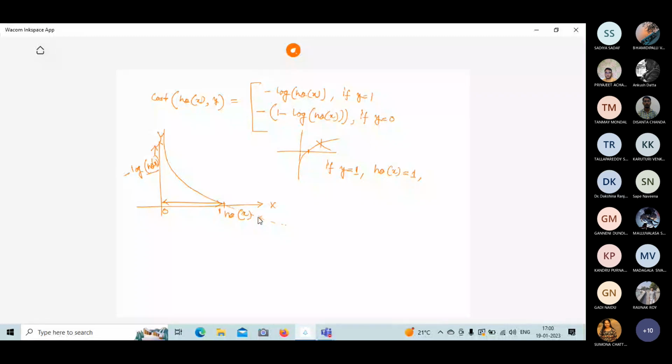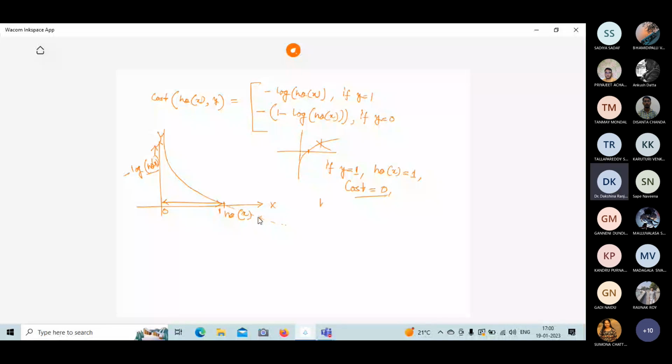So what will we see? The cost function will give us 0. The cost will be 0.